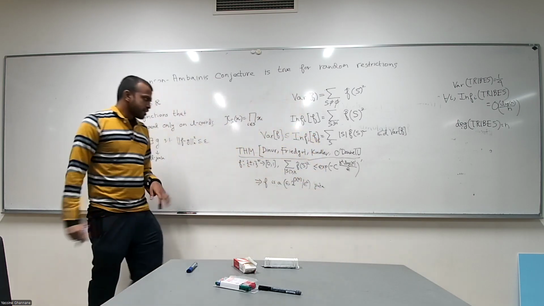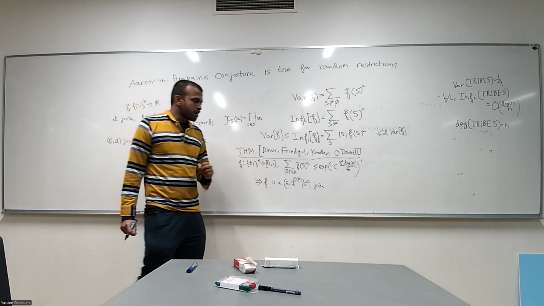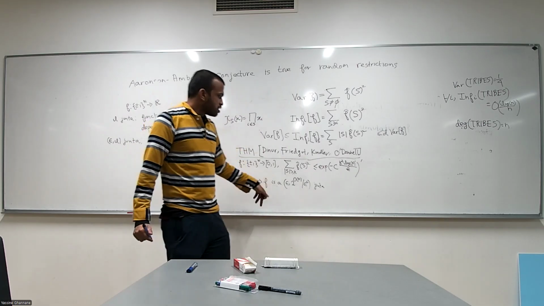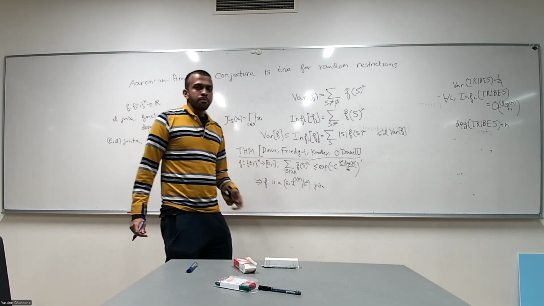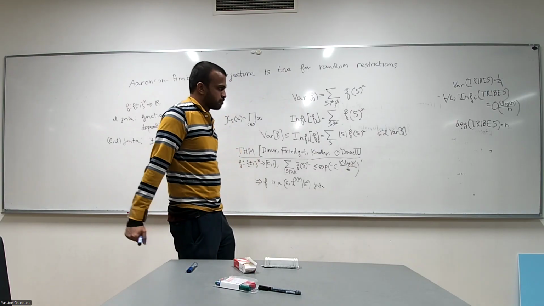So this theorem states that if f is a bounded function and the Fourier mass of f above level k is extremely small, then f is actually close to a junta where the number of military dictators is around 2 to the power order k by epsilon squared.